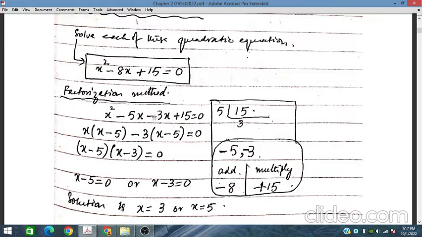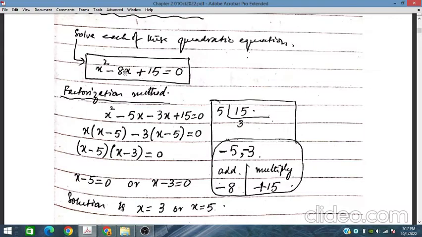By factorization, we divide the product term into an addition or subtraction term, the middle term. We divide this product in such a way that we get the middle term like this.